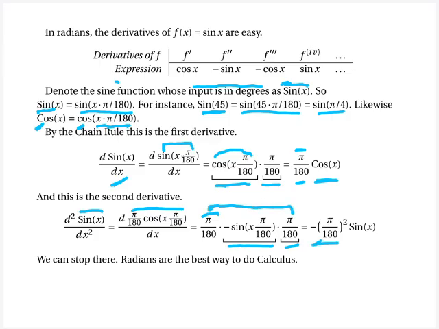So I end up with minus pi over 180 squared times capital S, the function in degrees, which is what we asked: can't we use the function in degrees? And the answer is, come on, compare the two. The first one is perfectly straightforward. The second one is just a disaster. So you don't want to do calculus in degrees. You want to do calculus in radians.